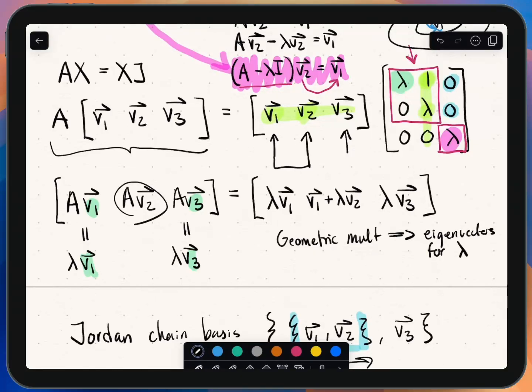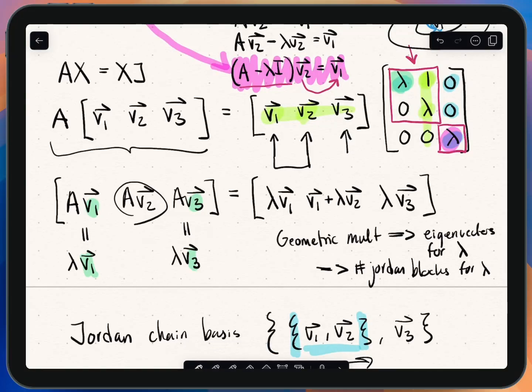And in this case, that was 2. We had 2 eigenvectors for lambda. That means this will correspond to the number of Jordan blocks for lambda. So since we had 2 eigenvectors, we know we will have 2 blocks.